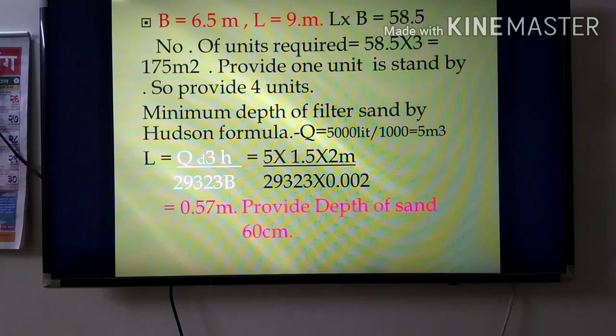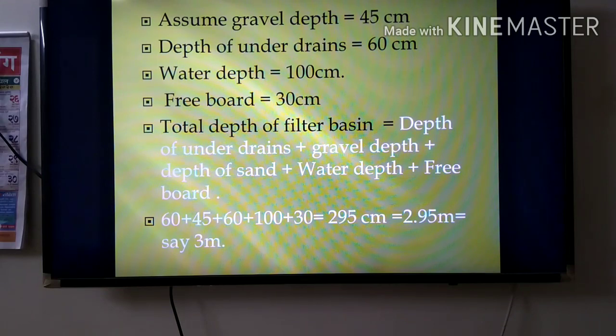Provide depth of sand equal to 60 centimeter. Assume gravel depth is equal to 45 centimeter. Depth of under drains is equal to 60 centimeter. Water depth is equal to 100 centimeter. Freeboard is equal to 30 centimeter.